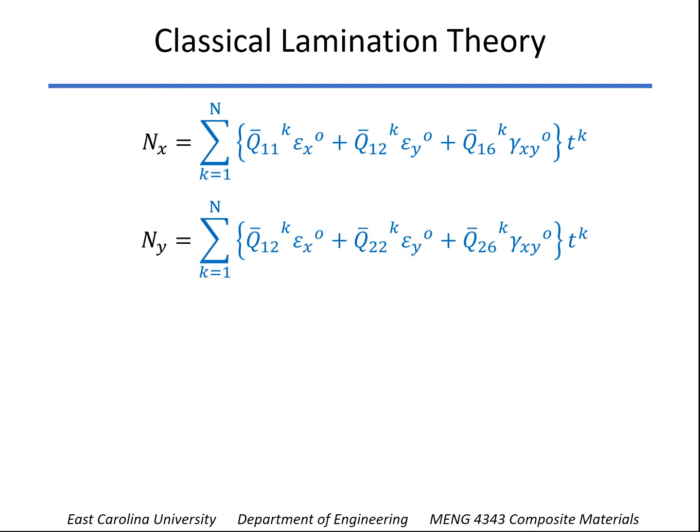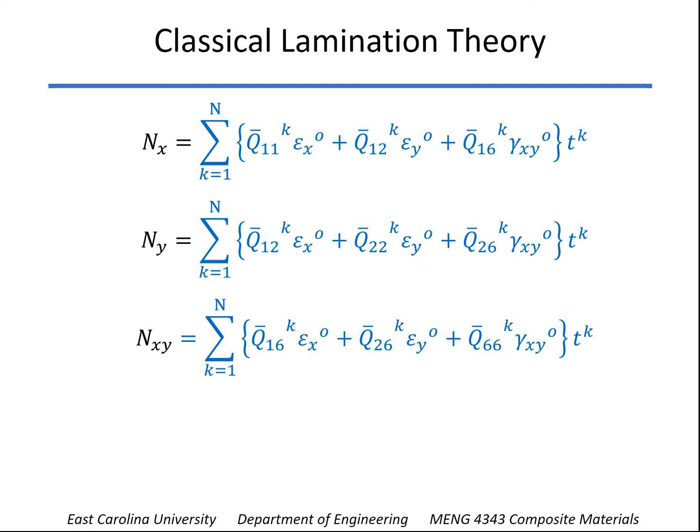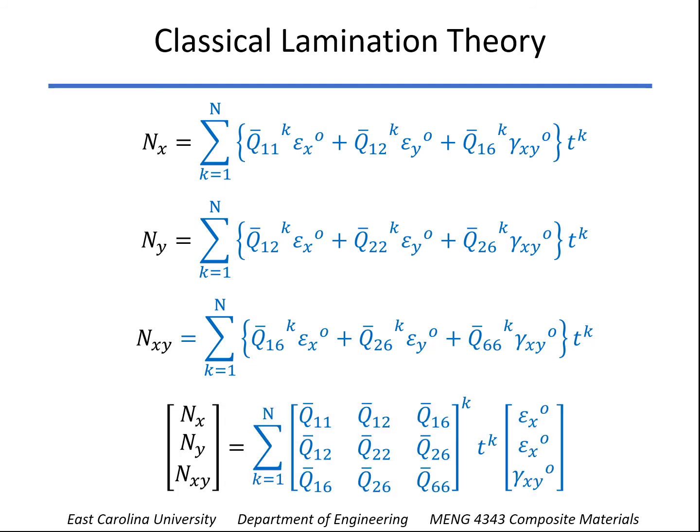We can write similar expressions for the stress resultants n sub y and n sub xy. Putting that all together, here's our equation for the stress resultant: we're summing over the number of layers the Q-bar matrix times the strains times the thickness of that layer.